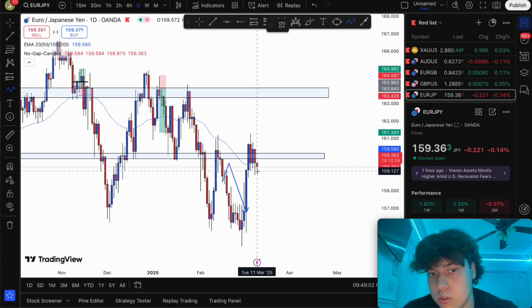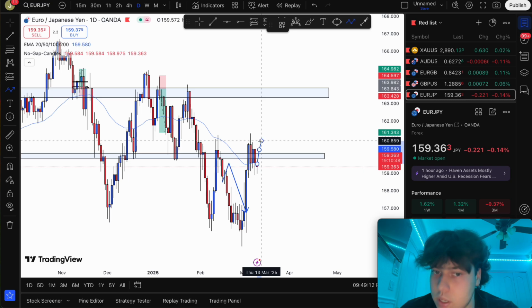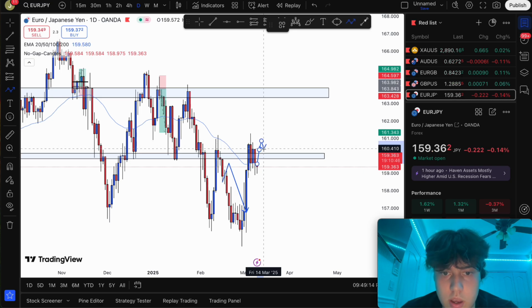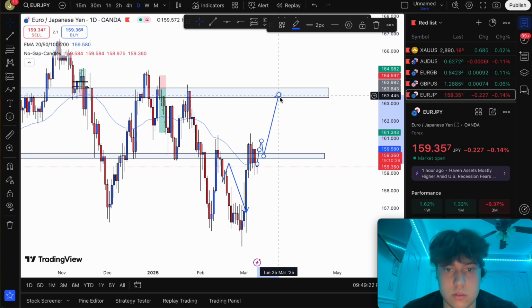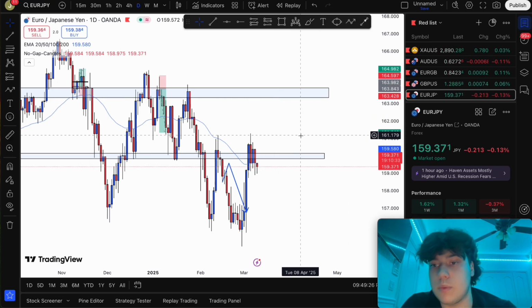If we simply close under the EMA tomorrow, I will not be interested. I will want the daily candlestick to close above. It could be right here, it could be even up here, and then on the next day, I'll wait for a wick retracement to this area of interest with my entry signal to then push price all the way up here. So yeah, those are my top 4 pairs for the week.